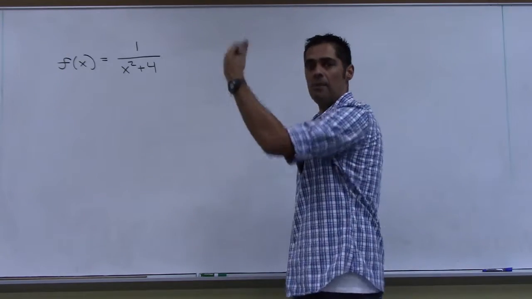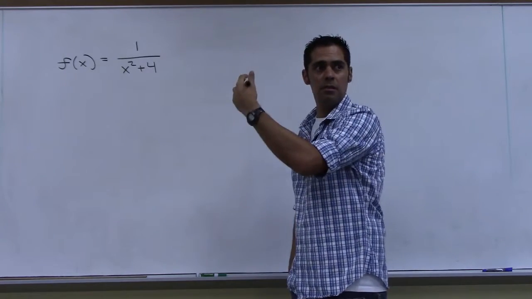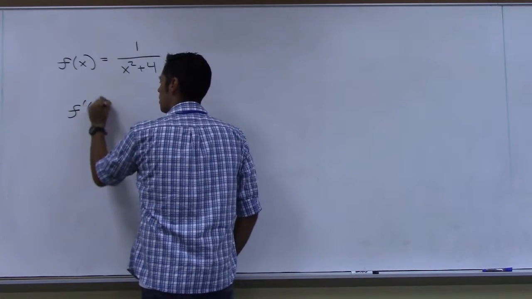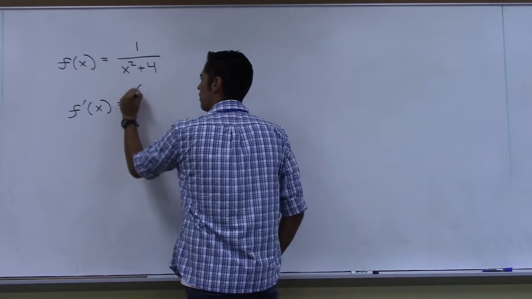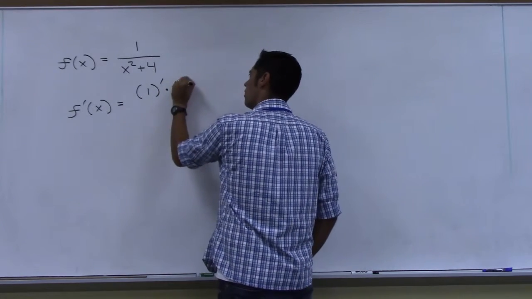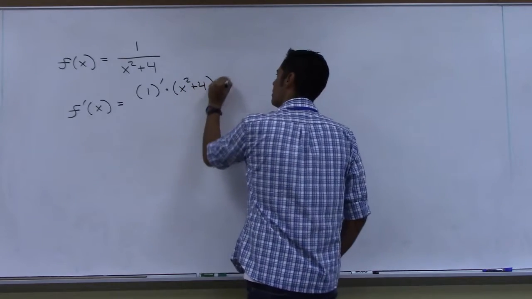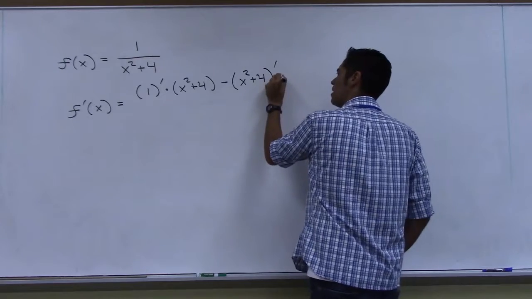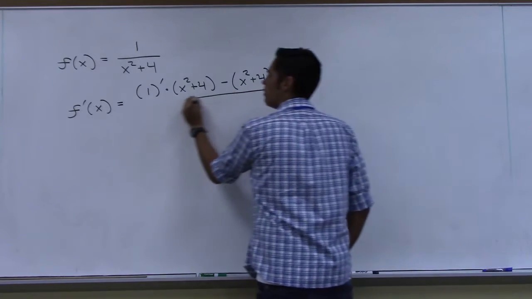So you have a top and a bottom function. According to the quotient rule, the derivative will be the derivative of the top times the bottom, minus the derivative of the bottom times the top, all over the bottom squared, yeah?